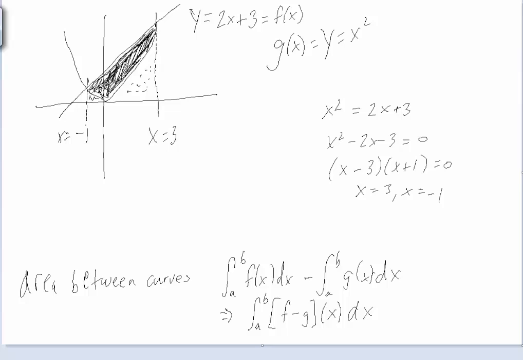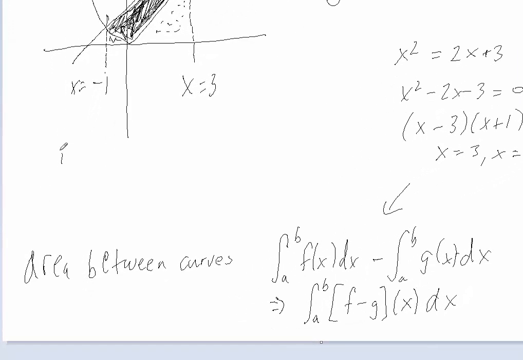So it ends up, as we have down here, it's the integral between a and b of the top function, basically, minus the area below the bottom function, or just this combined function.